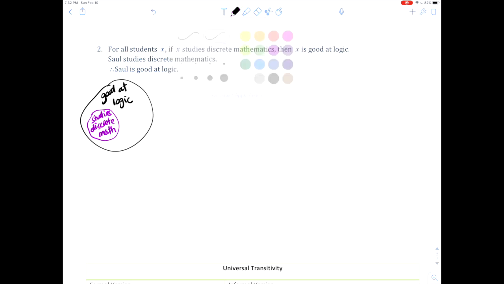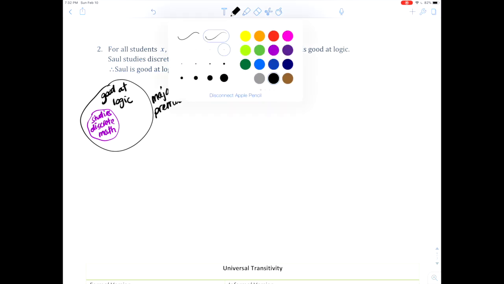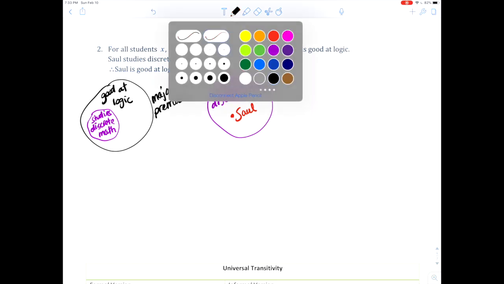And this is which premise? Awesome, our major premise. Okay, minor premise. Saul studies discrete math. So Saul is inside here. So what do you think? Beautiful.